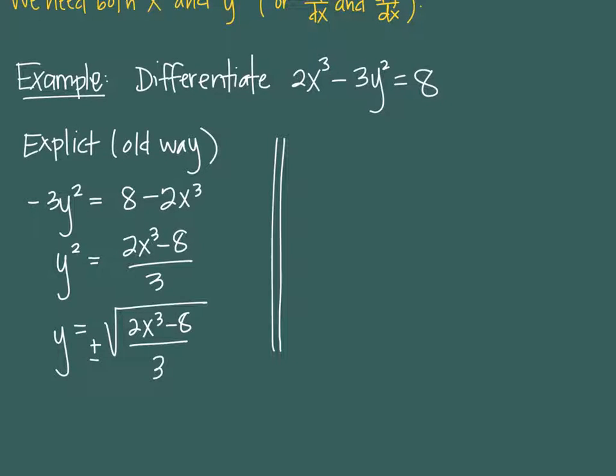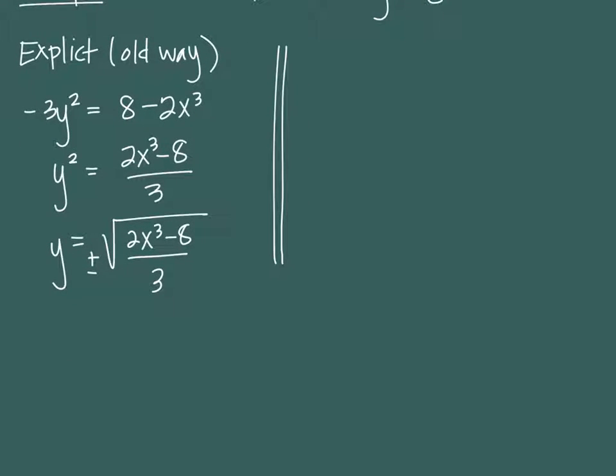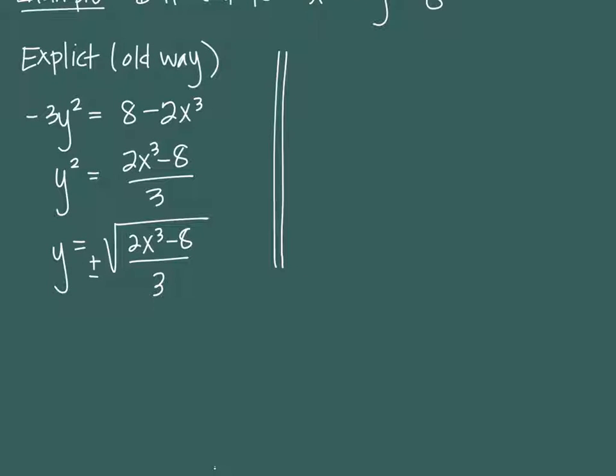Then you're going to take the derivative. Oh, by the way, this fails the VLT because it's got a plus and minus square root. Okay, then we take our derivative. So we'd have dy dx. And we would need the power rule on the radical.